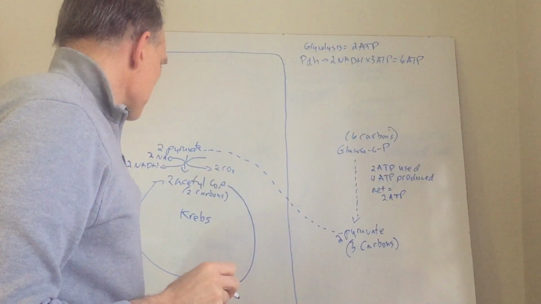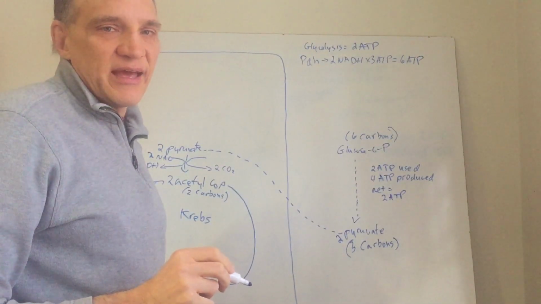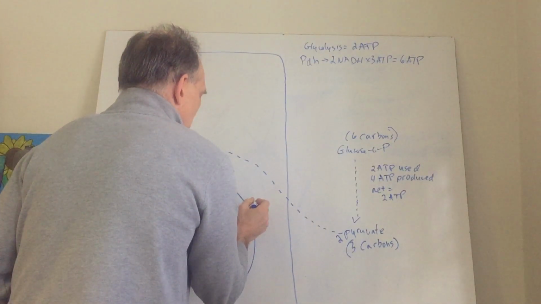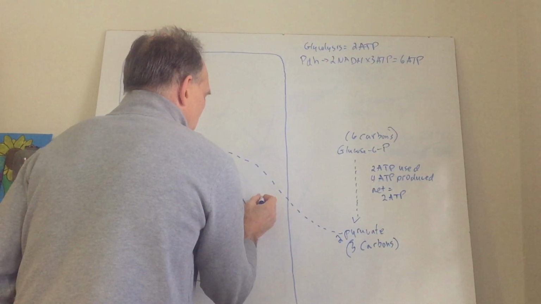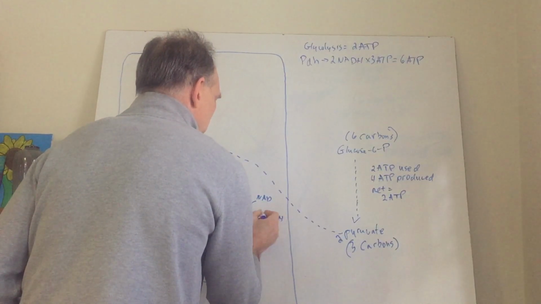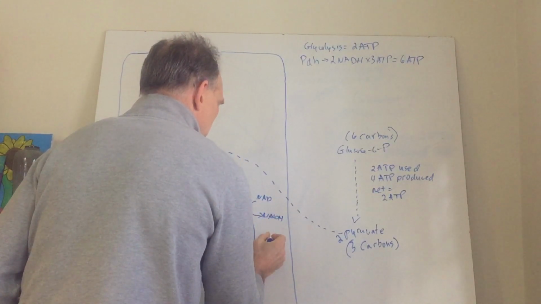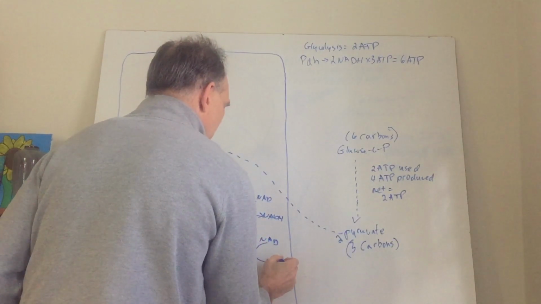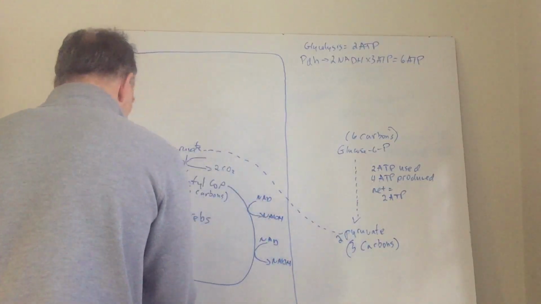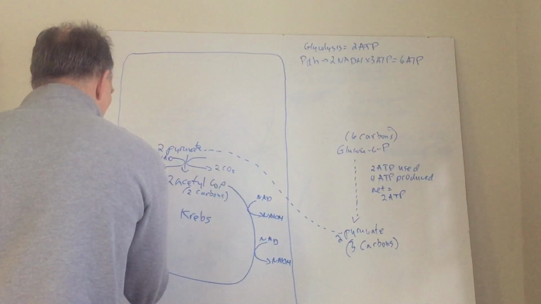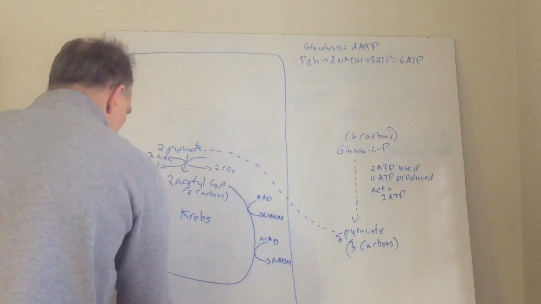Now, in the Krebs cycle, you're going to have NADH and FADH produced at certain points. You have NADH produced at 3 different points, and you have FADH produced at 1 point.